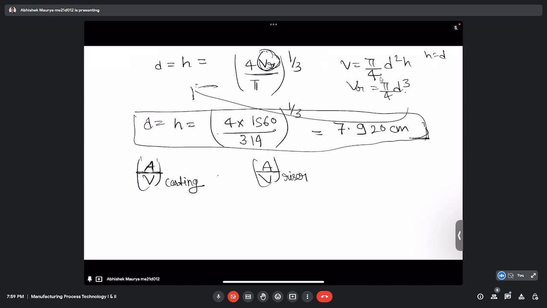We want the A by V ratio of casting to be greater than the A by V ratio of riser, so that our riser should solidify later but our casting should solidify first. Okay, if the opposite happens, then our riser will not serve the purpose.